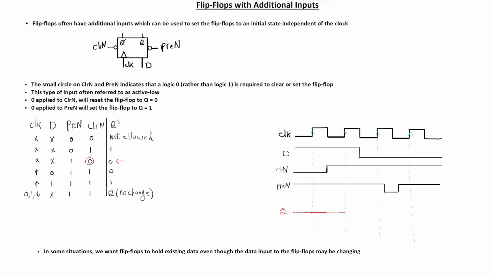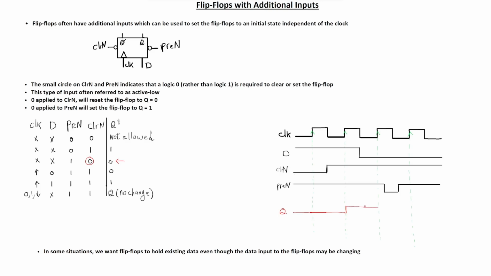Let's look at what's happening on this rising clock edge. D is 1, clear N is 1, which means it's disabled, and preset is 1, which means it's disabled, because these are active low. So the next state will go to 1, the same as D. So this will go to 1 until the next rising edge.